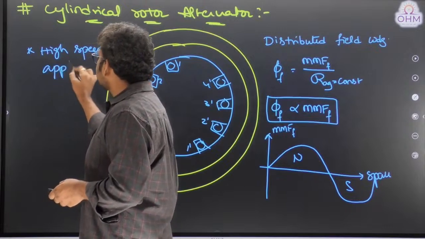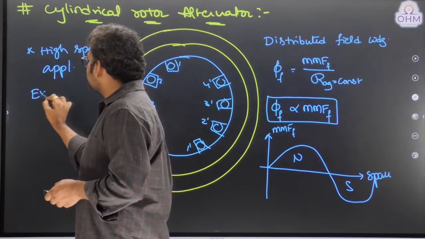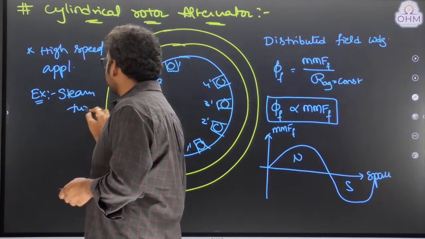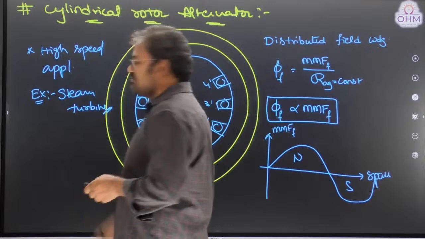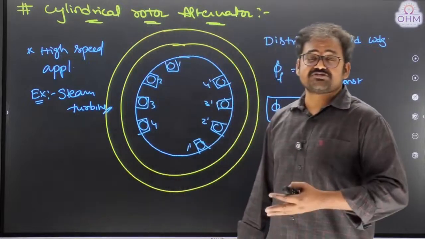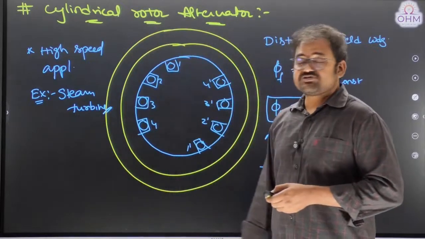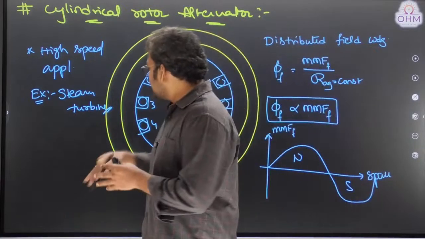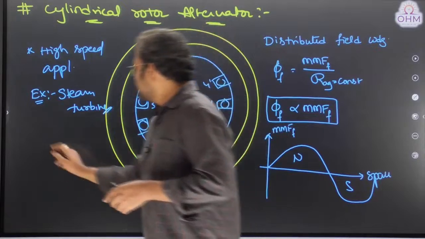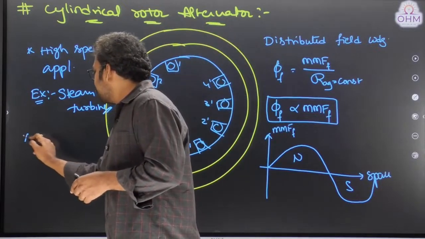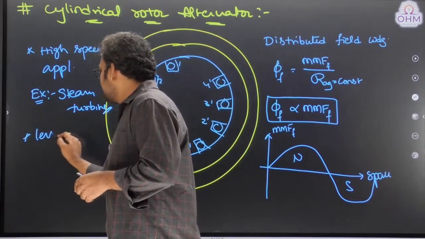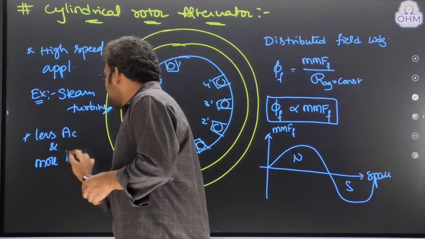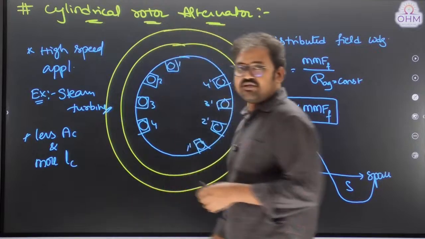Best example, steam turbine, generally in thermal power stations and nuclear power stations. Also, as the speed is very high, we need less cross sectional area and more axial length for this particular machine.